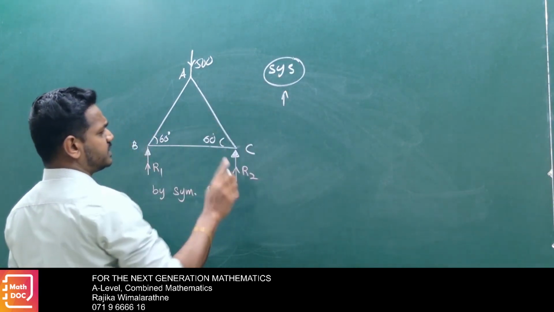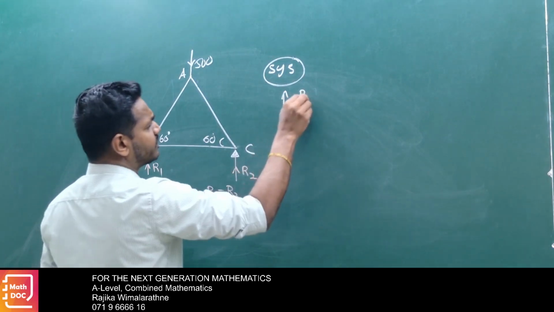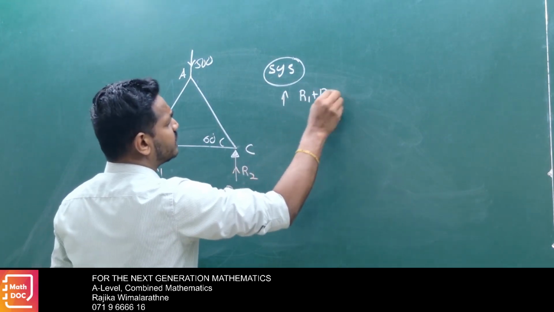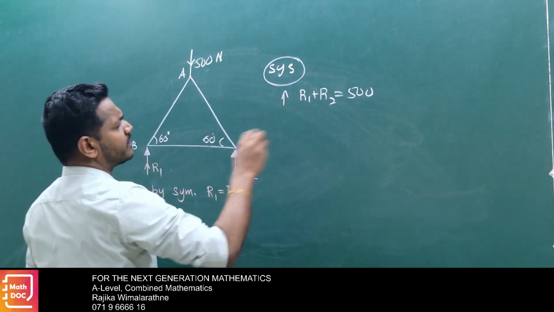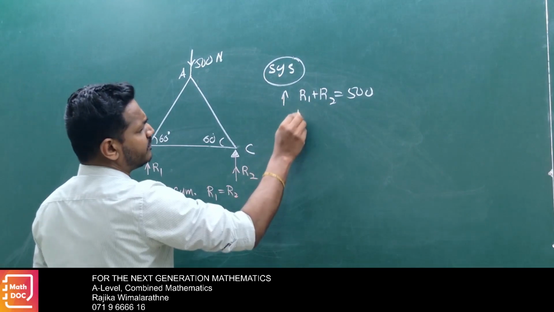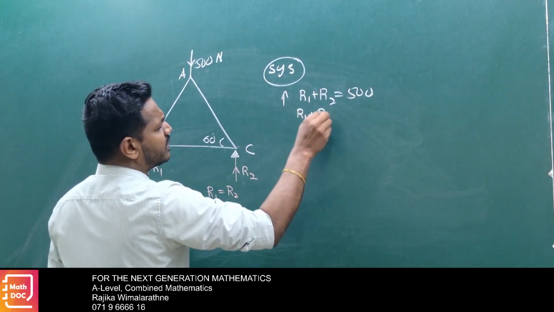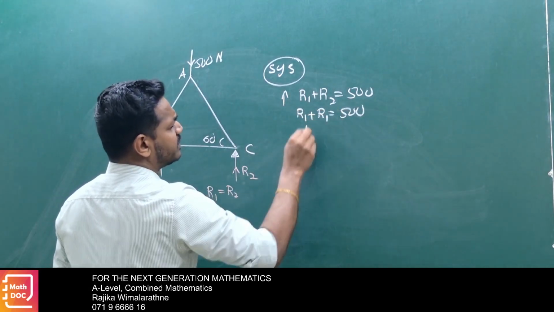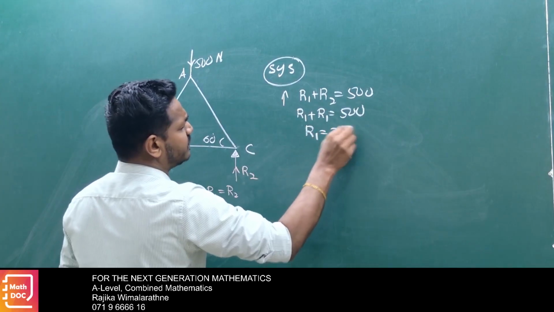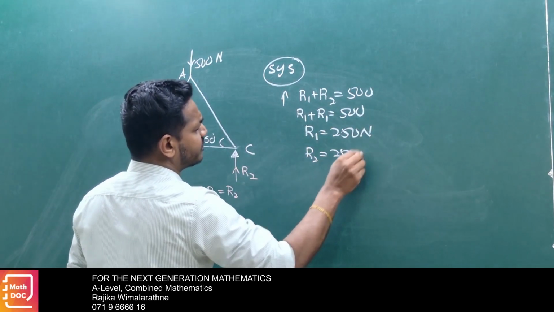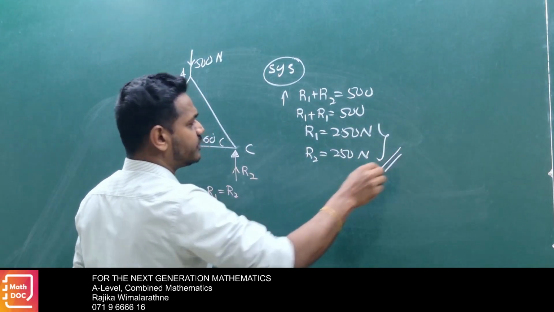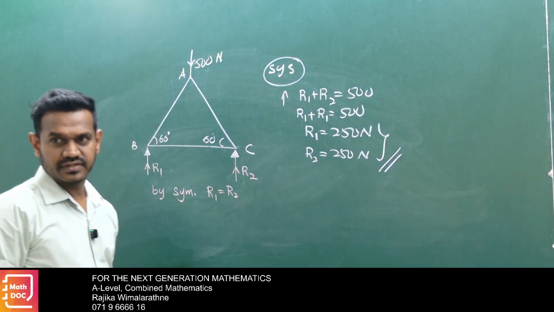Vertical forces: R1 plus R2 equals 500. The system is in equilibrium and R1, R2 are the same, so R1 equals 250 Newton and R2 equals 250 Newton.